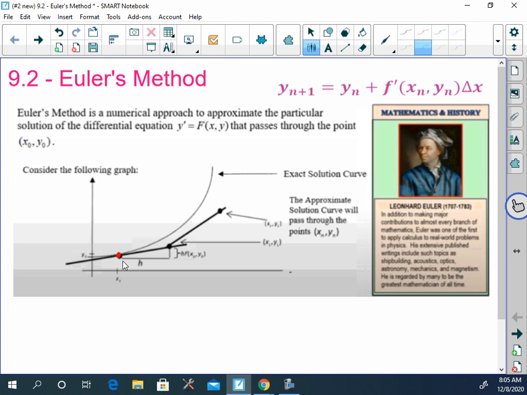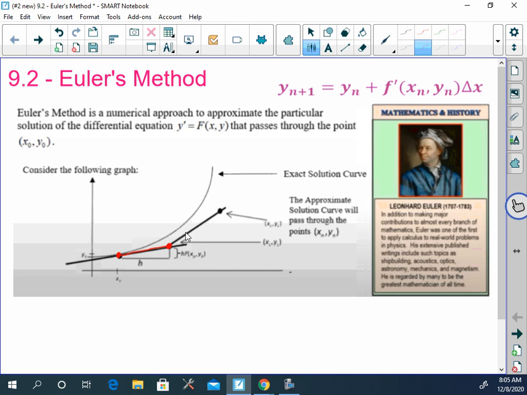Sometimes they'll say that we're doing steps of 0.5 or steps of 1 for our x's, but we follow it for as long as the problem tells us to, and then we come up with a new approximation here. So we pretend that that is a point on the curve, and then we come up with a tangent line using that point and our slope given our equation here.